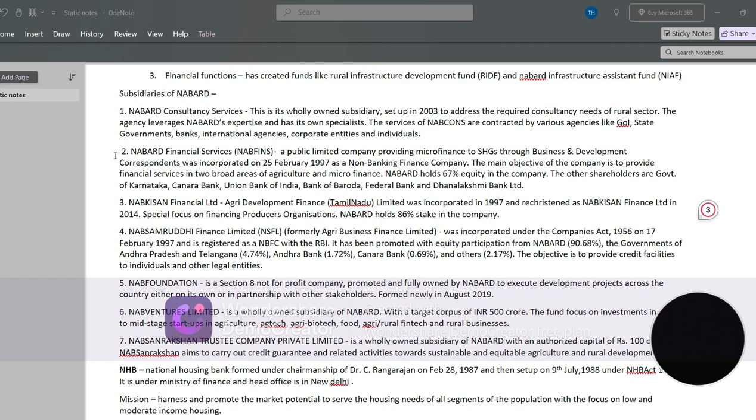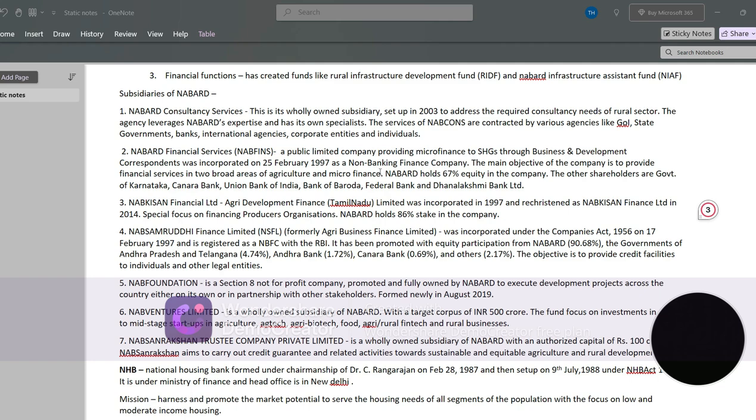Second is NABARD Financial Services, NABFINS. It is a public limited company. It provides microfinance to self-help groups through business and development correspondents. It was started on February 25th, 1997 as an NBFC. The main objective is to provide financial services in agriculture and microfinance.